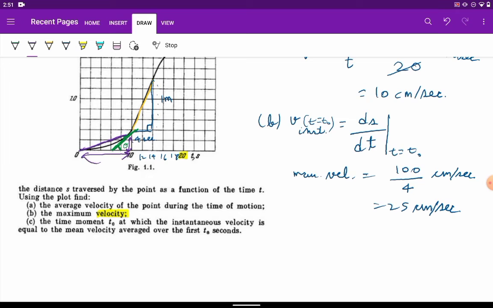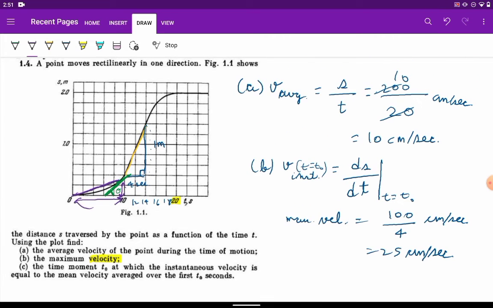Now to find it out directly, because we do not know the equation of the curve, we have no idea. So we need to take some sort of a scale to roughly see where you have the highest tendency.